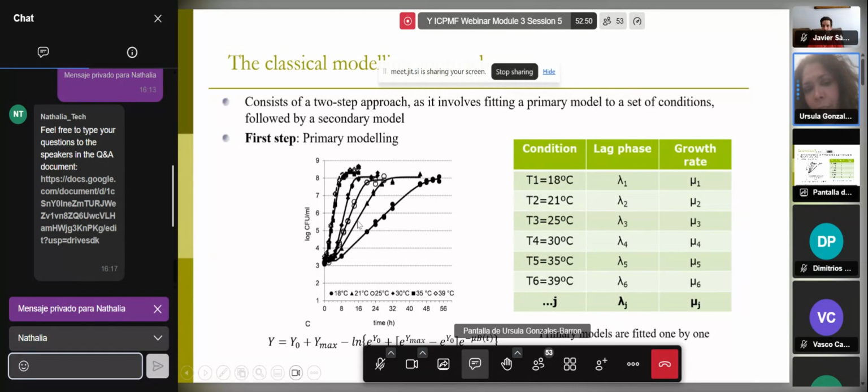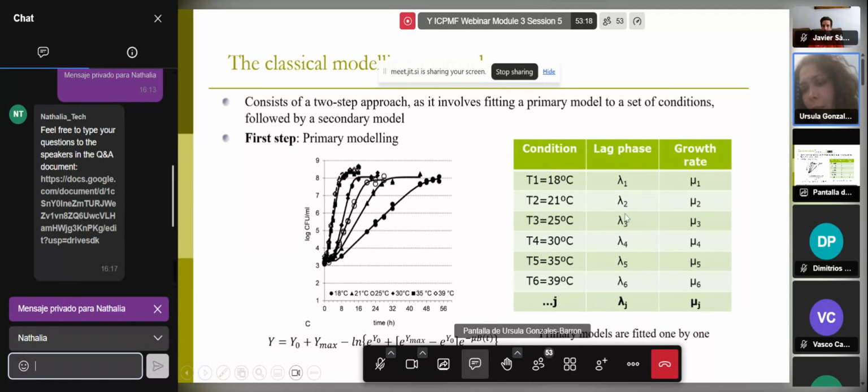In this primary representation, of course, you have to choose a primary model equation. In this case, what we have here is the Huang model for growth. When we fit a model like this individually, we are extracting the lag phase duration, represented by lambda, the maximum growth rate, represented by mu, and so on.